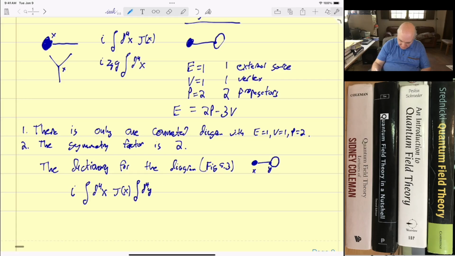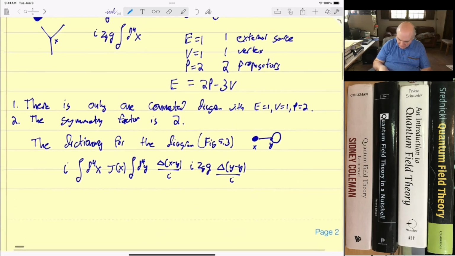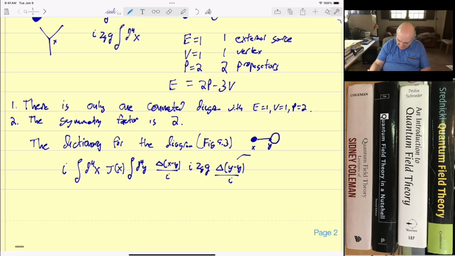The propagator was between the source and the vertex, Δ(x minus y) over i. And then we have the vertex factor, which is i Z_g g, Δ(y minus y) over i. Now, this seems a little funny, and we'll talk about renormalization later, but we're not going to write Δ(y minus y), we're just going to write Δ(0). It might be infinite, but we're not worried about that right now.